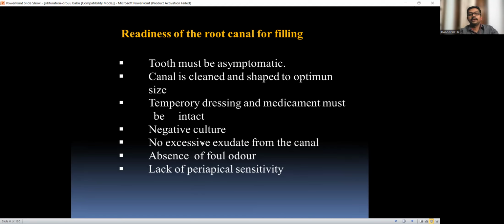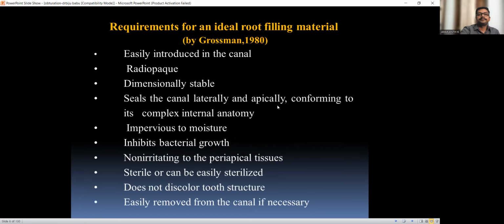This is also a criteria for making sure that our root canal space is ready for obturation. Then there should not be any foul odor coming from the root canal space, and lack of periapical sensitivity. So these are the main criteria or the points to keep in mind just before making sure our root canal system is ready for obturation.